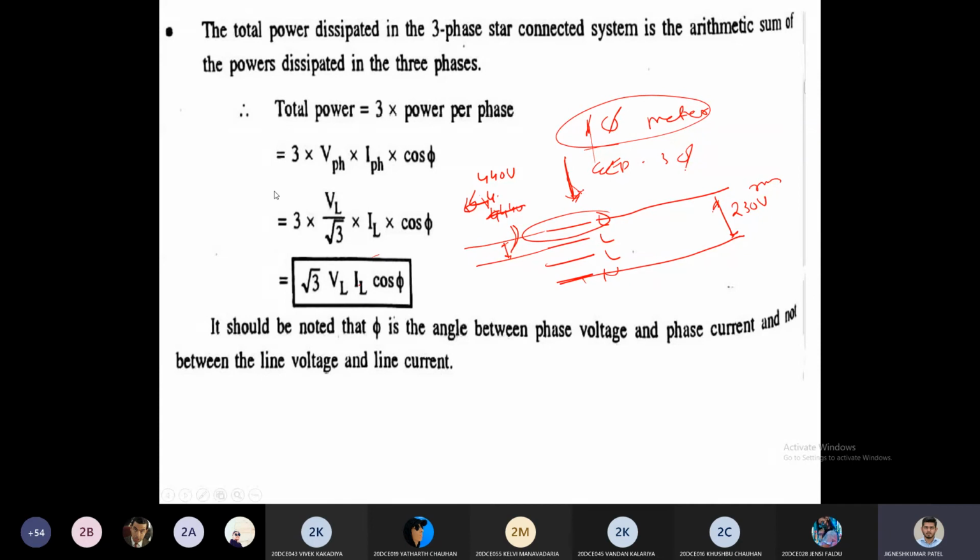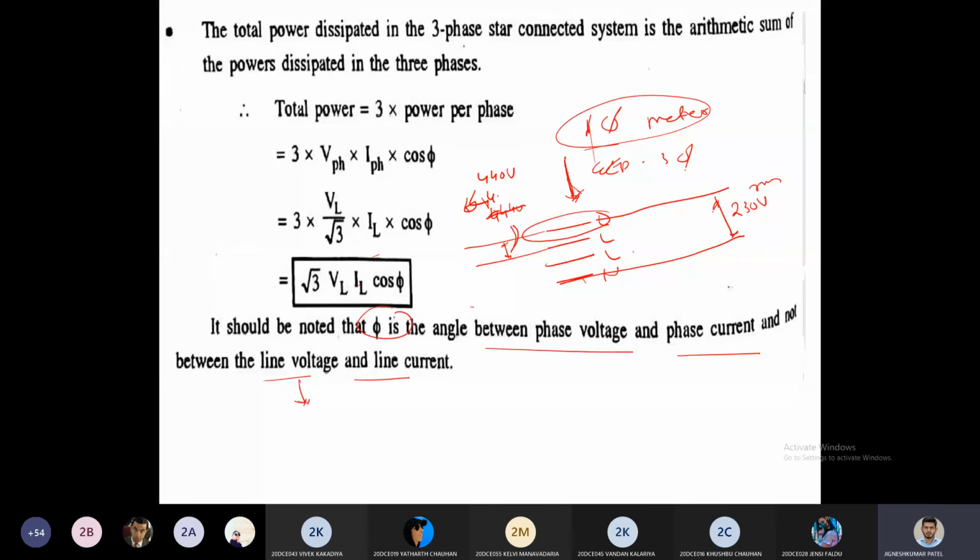Okay, it should be noted that phi is the angle between phase voltage and phase current and not between line voltage and line current. See this phi here is the angle between phase voltage and phase current and not between line voltage and line current. At that time the angle would be different. Okay, why would this be different?